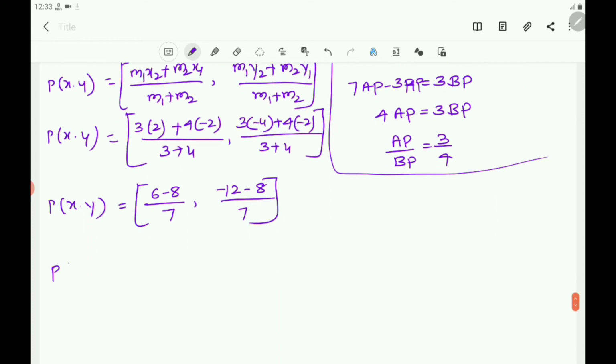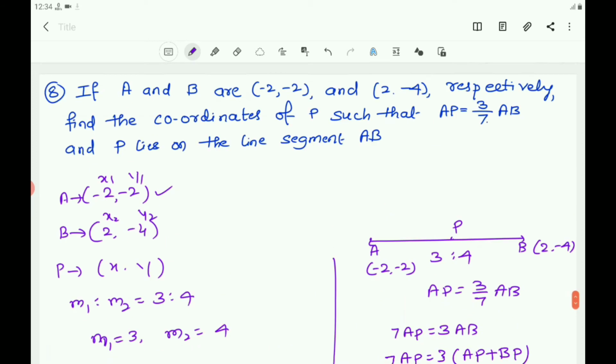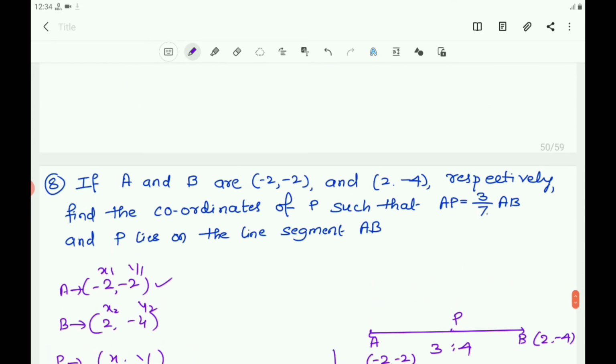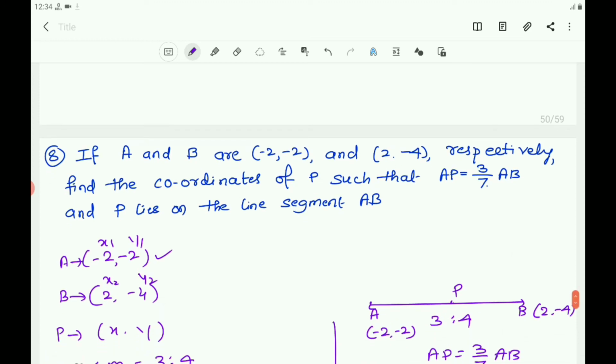So P of (x, y) equals 6 minus 8, that is minus 2 by 7, and minus 12 plus 8 is minus 4 by 7. Here you got the coordinates of the point P, which divides AB in the ratio 3:4, that is AP equals 3 by 7 AB.